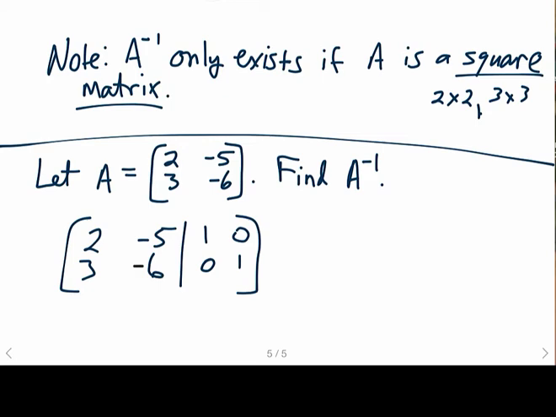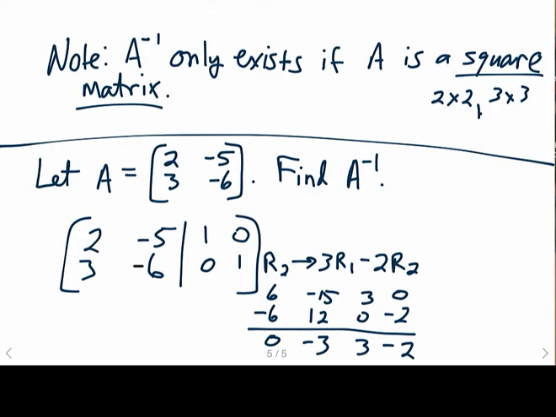In other words, we want a 0 in the lower left corner, a 0 in the upper right corner of the matrix on the left-hand side, and we want 1s in the bottom right corner and the top left corner. So go ahead and do that, and then come back to the video.